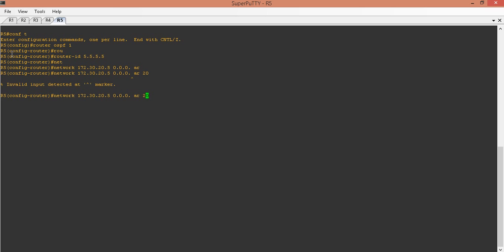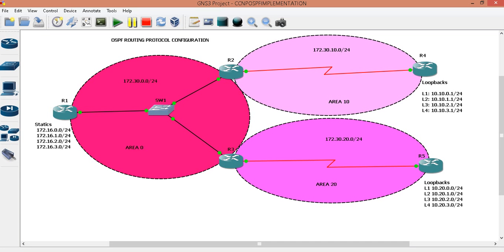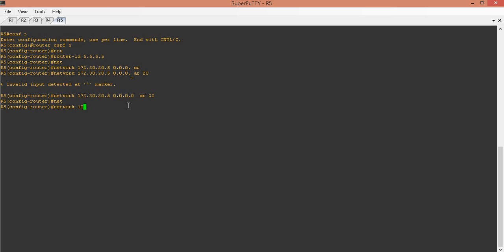It gives an error. Okay, yes, and this also has some loopbacks. So I have some loopback interfaces 10.20.0.0 with wildcard 0.0.0.255 area 20. Cool.